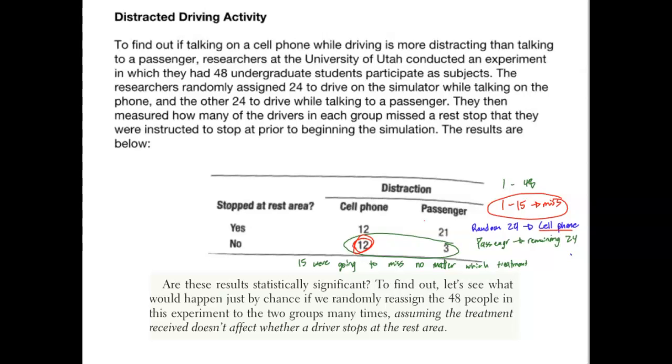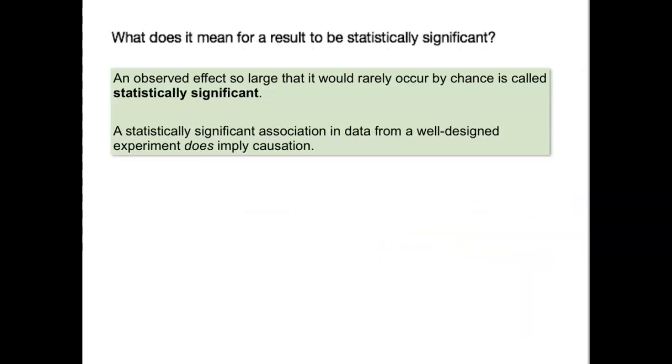The only takeaway I really need you to have about statistical significance right now is that it means the outcome is unlikely to occur by chance. And if it's unlikely to occur by chance, that means it must have occurred due to the treatment, right? All right.